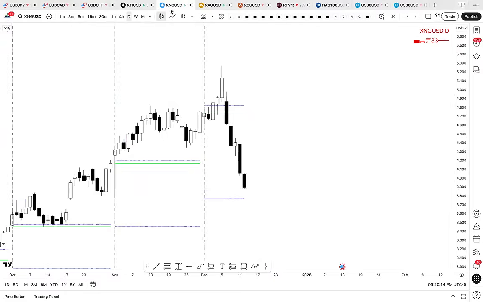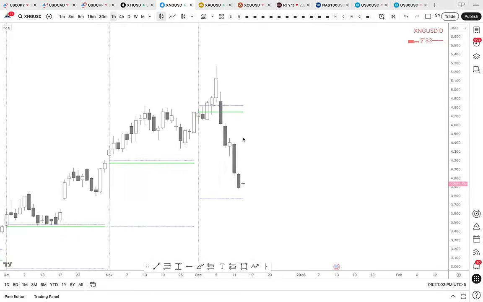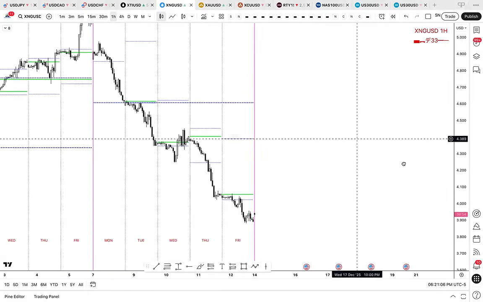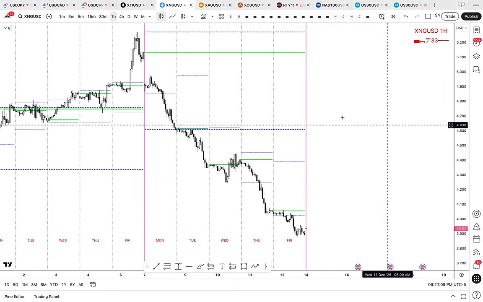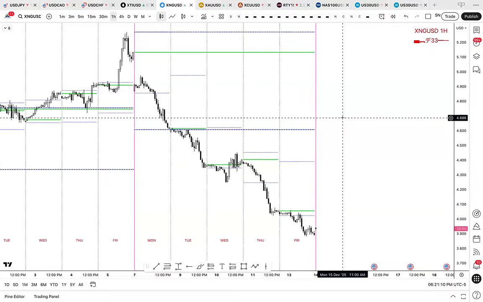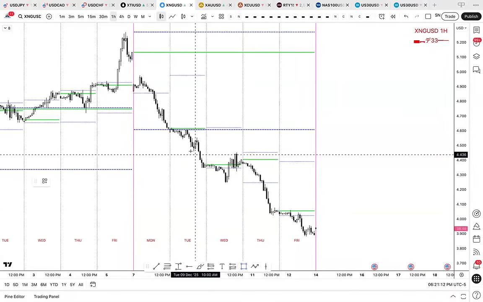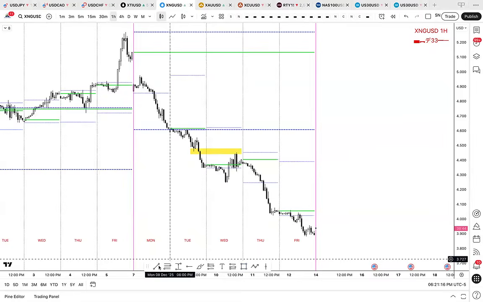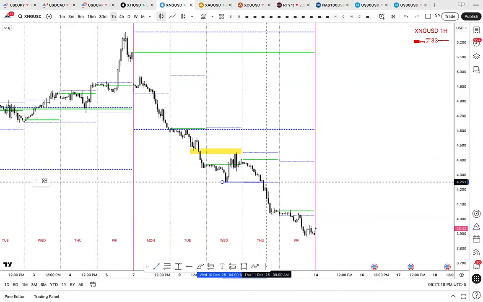So just to go to another example, nat gas. I'm not necessarily cherry picking here. Technically, you should be cherry picking anyway, but we're just looking for basics. Basic market structure: breakout, pullback, pump, coil, dump, breakout, pullback.